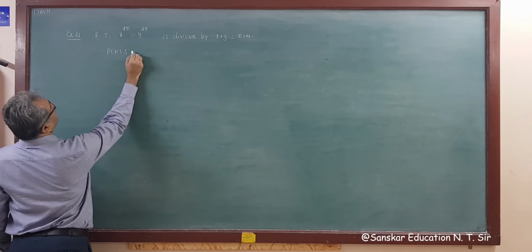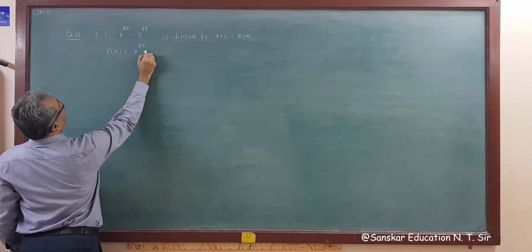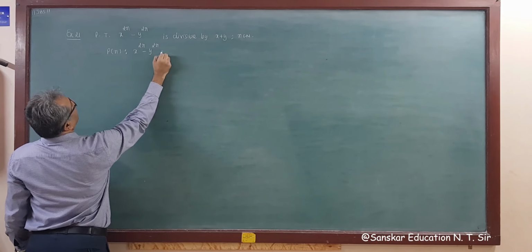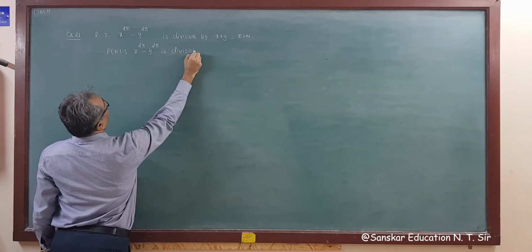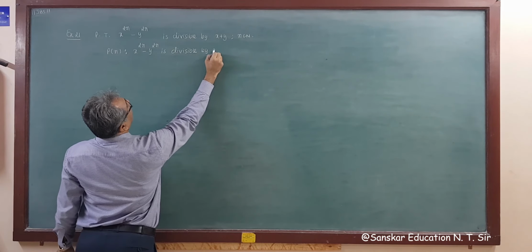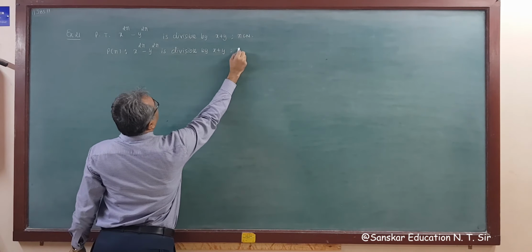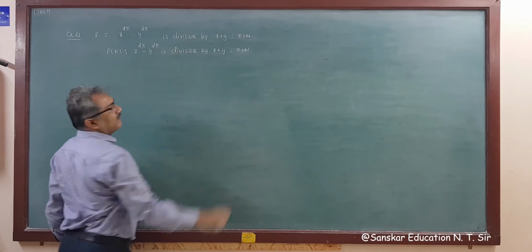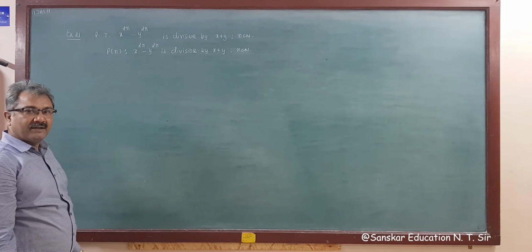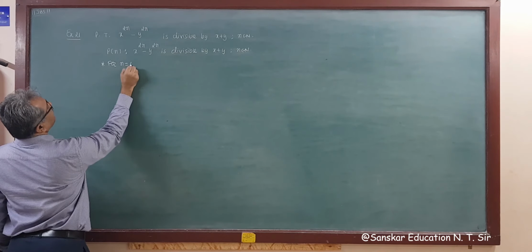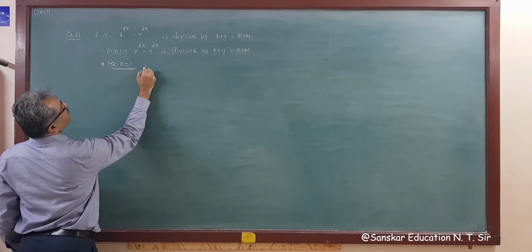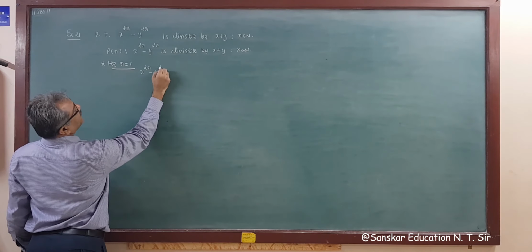First of all, Pn: x raised to twice n minus y raised to twice n is divisible by x plus y, where n belongs to N. This is your Pn. Now for n equal to 1, x raised to twice n minus y raised to twice n.